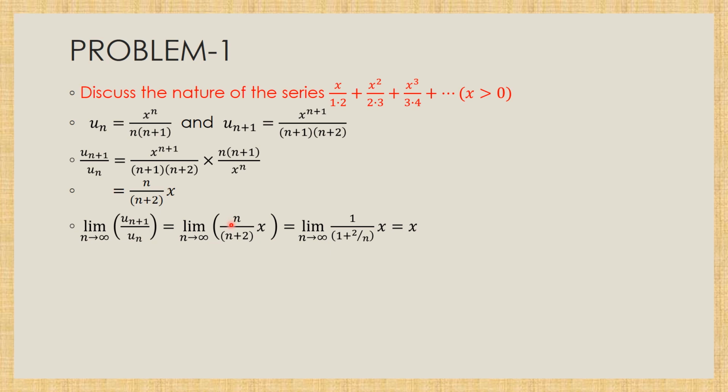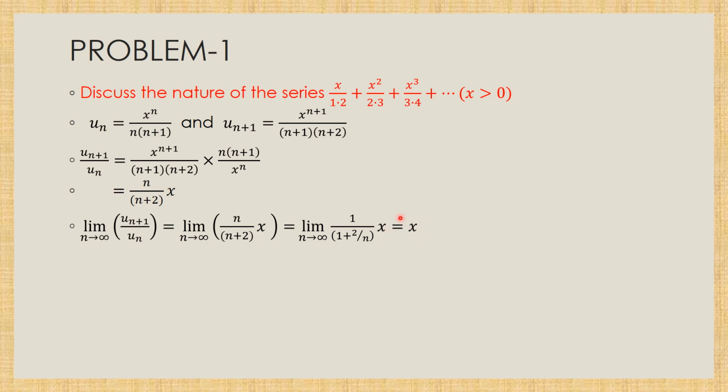So we write 1 by 1 plus 2 by n, limit n tends to infinity, into x. When we take the limit, the numerator limit of 1 is 1, and in the denominator limit of 1 is 1, and limit of 2 by n as n tends to infinity is 0. Therefore this limit is 1 by 1 into x, which is x.